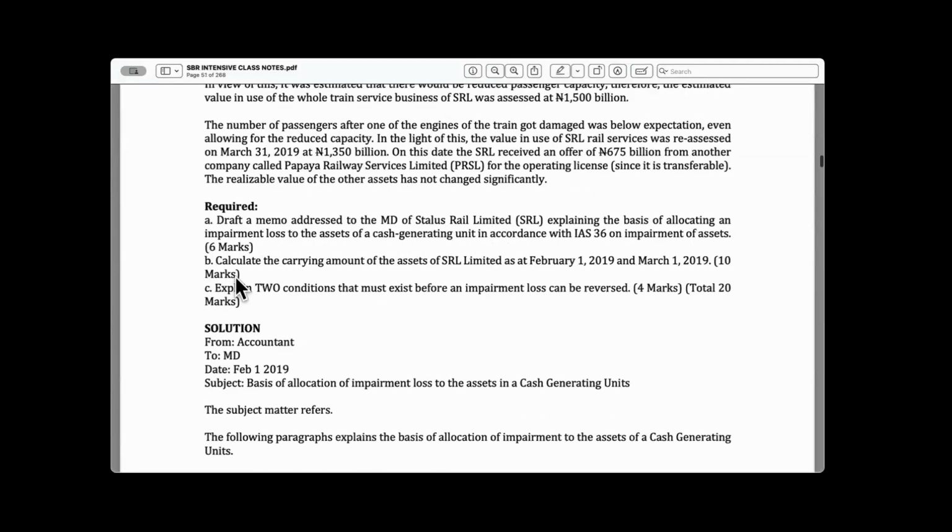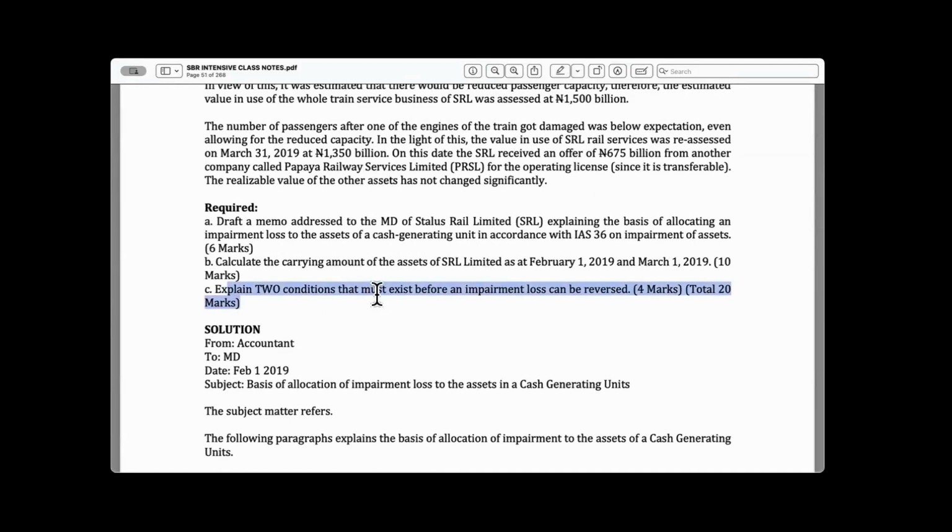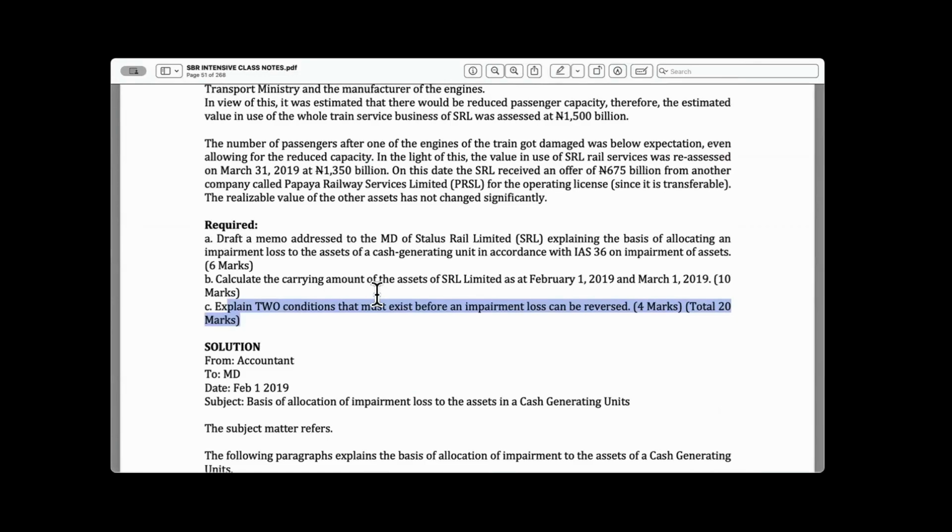And the third part of the question says that explain two conditions that must exist before an impairment loss can be reversed. Yes, impairment loss can be reversed, even though it's very, very rare. Like I told you, impairment loss is a permanent loss in the value of an asset. So if there are positive indicators like the useful life increased, the value went up, the productivity improved, that might result in reversal.